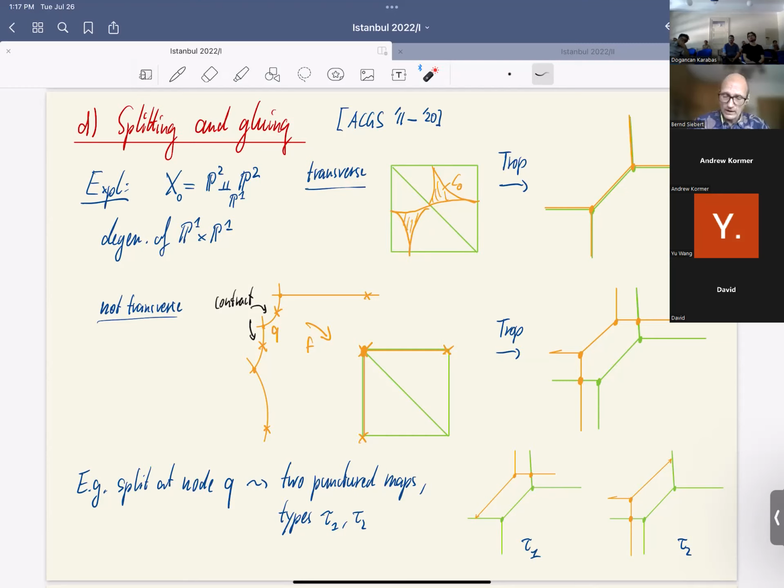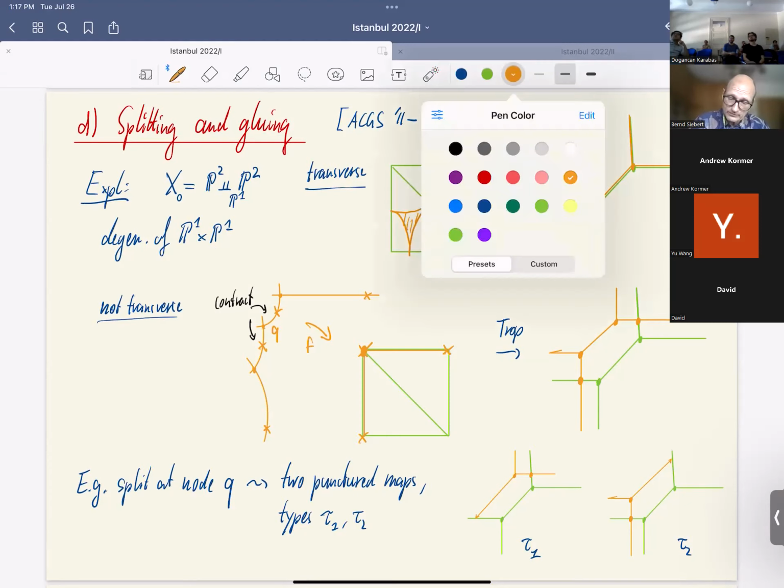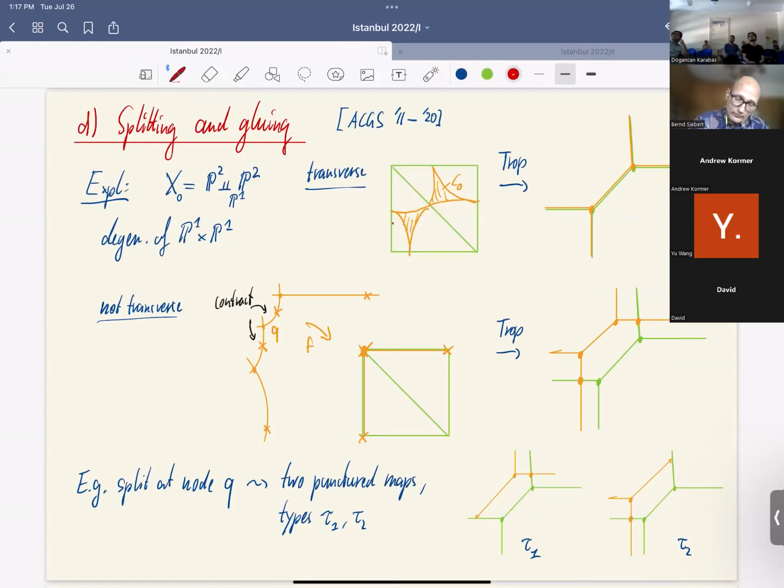And the tropicalization would just look like that. And then, of course, you can now split at this node, and you would get two curves. Once you have split, this curve can deform away from the other one, and you would obtain some kind of matching condition along this divisor that tells you how to glue.